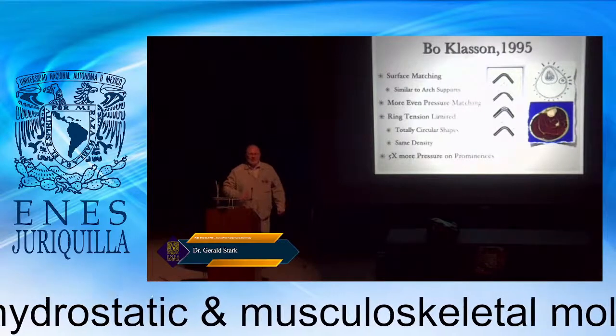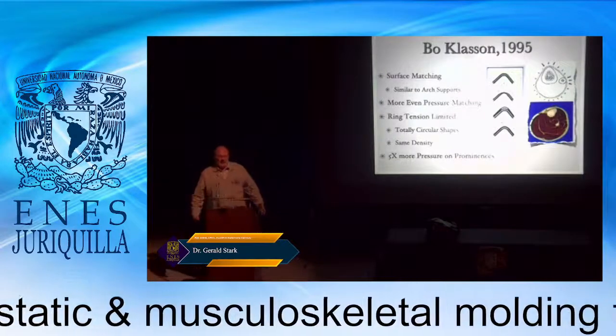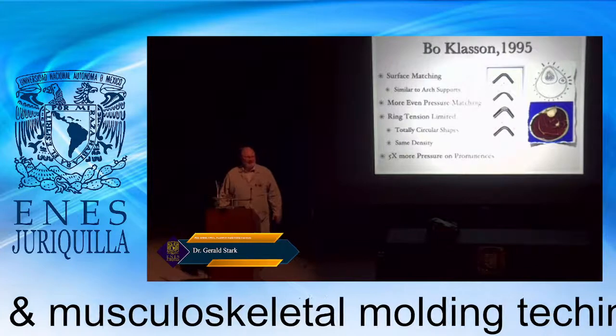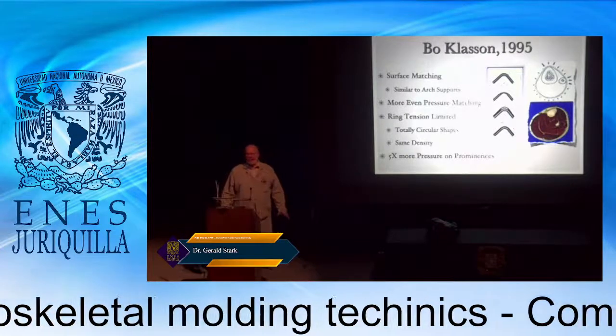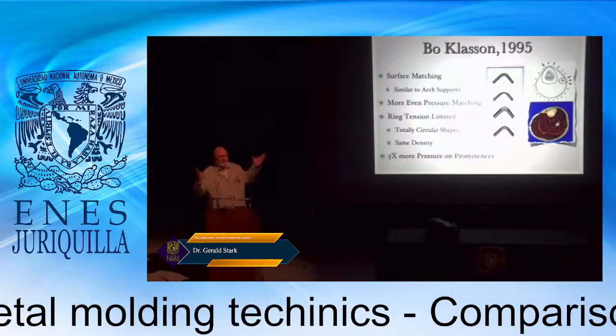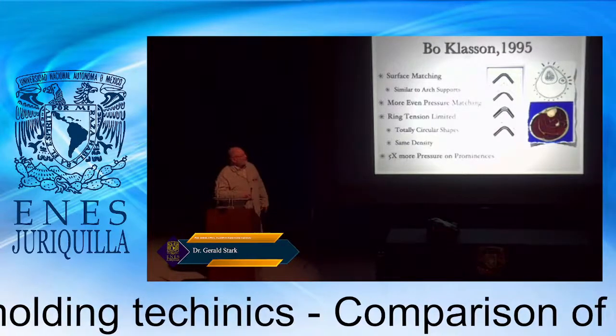Have you ever stood on an Alps liner or Alpha liner and thought, I thought this would feel much more comfortable? And the reason is when you stand on a liner material, it doesn't flow around your metatarsal heads. In fact, it loads them even more.